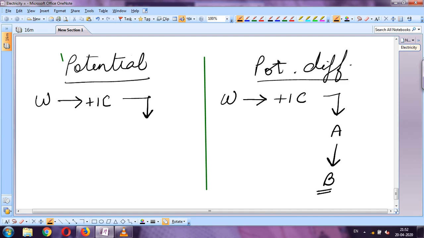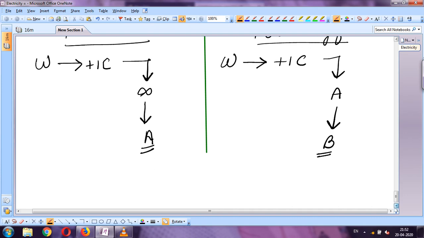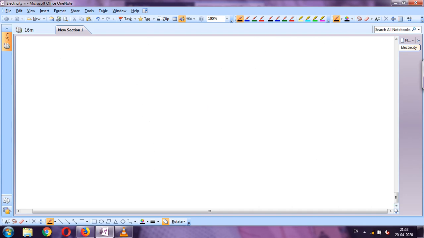Like this we defined. What is potential? Potential is the amount of work done on unit positive charge in moving from infinity to a point. This is the basic difference between the two definitions.